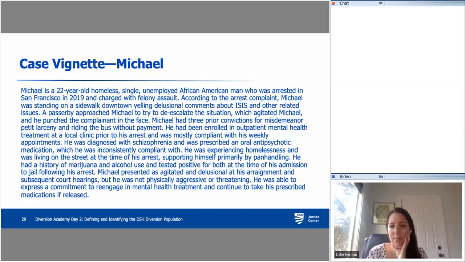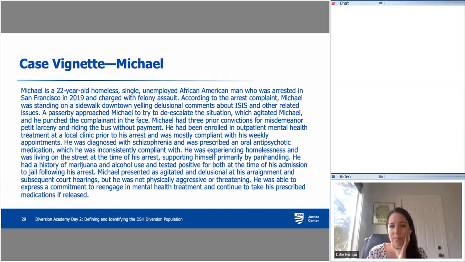Most of what we talked about has already been said. We agree that they were a good fit for diversion. Some of the questions from the DA's office were that the behavior might not rise to the level of felony behavior in our county.